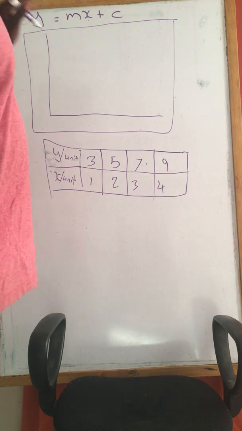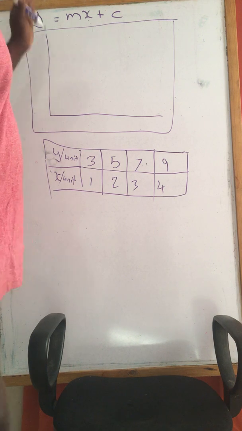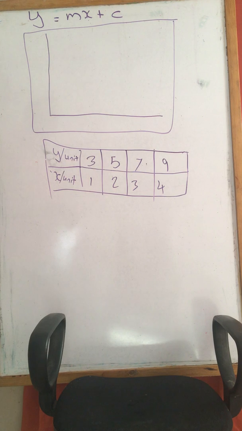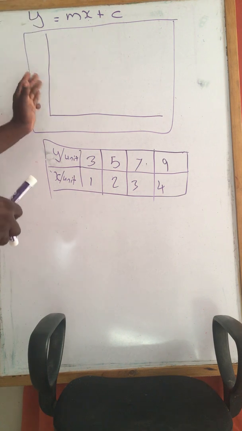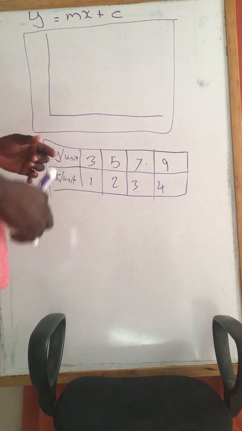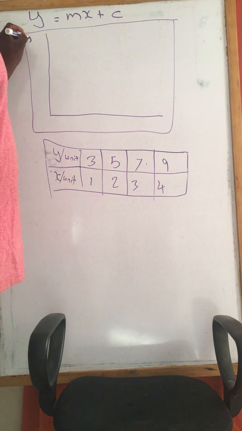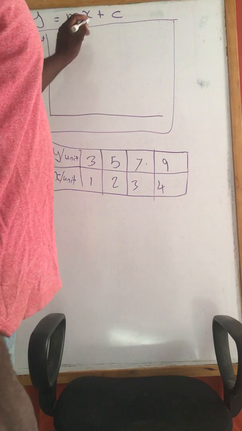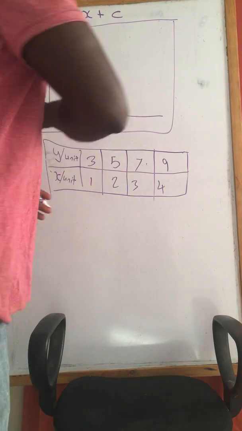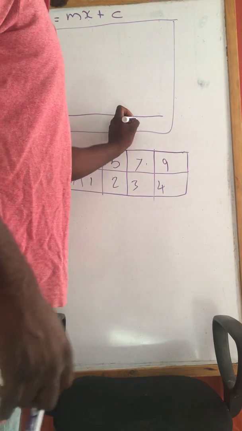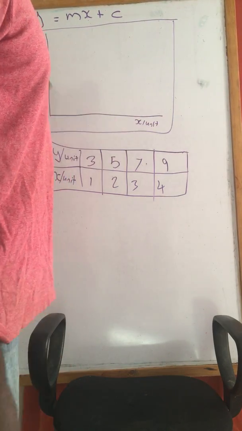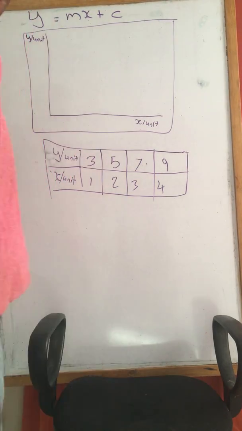You must always put your dependent variable on your vertical. Some persons refer to it as the y-axis, but I love to say vertical, right? So we say y/unit, and then this axis here, which is my horizontal, we say x/unit. So therefore I label my axis. That is the first thing I need to do.